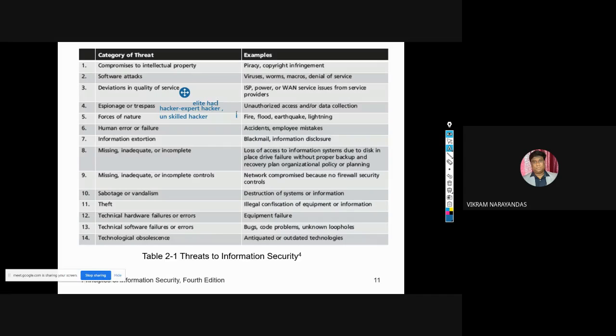An expert hacker, also called an elite hacker, develops software scripts and exploits. He is usually a master in many skills.